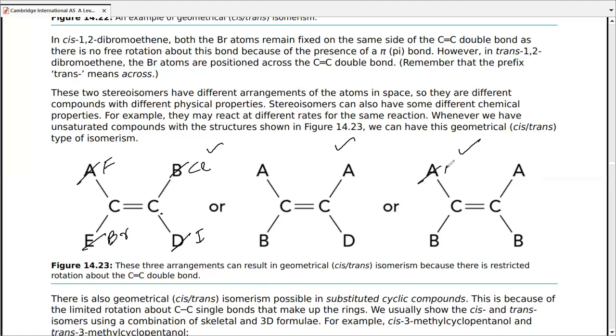Since it was pretty easy with H, Br, and Br, now you know they're at the same side, switch the sides, you'll get the other kind of isomer, right? So if this is one type of isomer, how would you switch sides? How would you know if this one is a cis one or this one is a trans one?